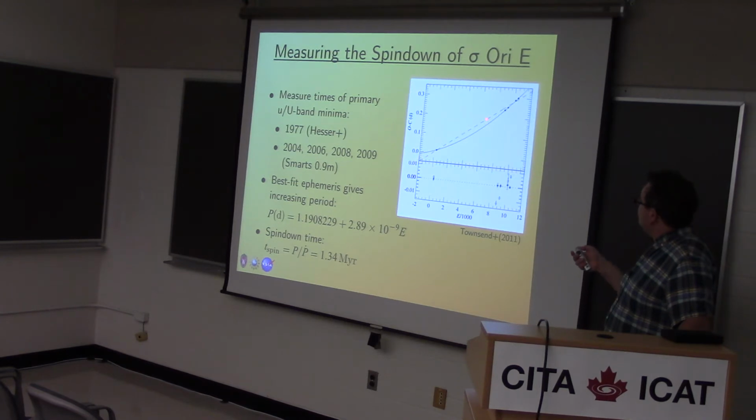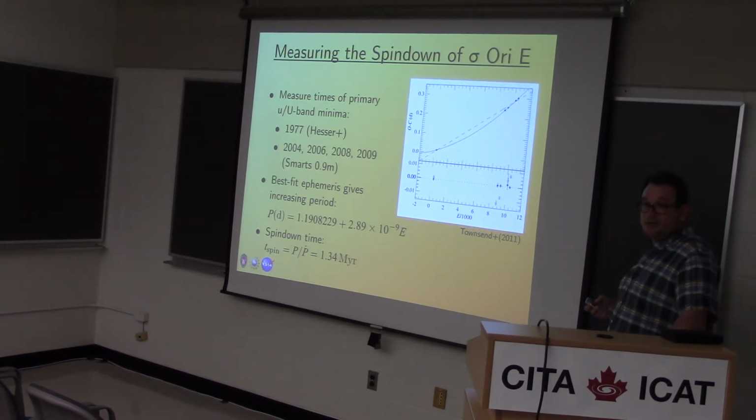The dashed line shows what happens if we assume a constant rotation period, and it does not go through all of the observed times of photometric minimum. Whereas if we assume a linearly increasing period, corresponding to this parabolic line, it passes through the points perfectly.